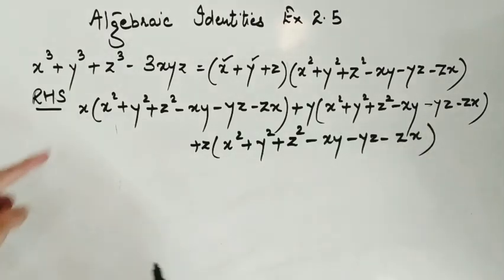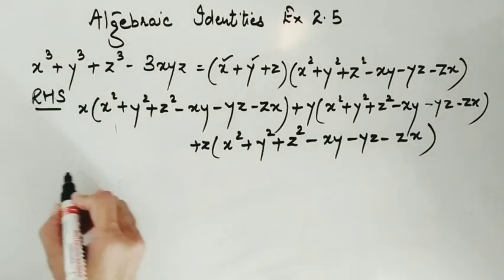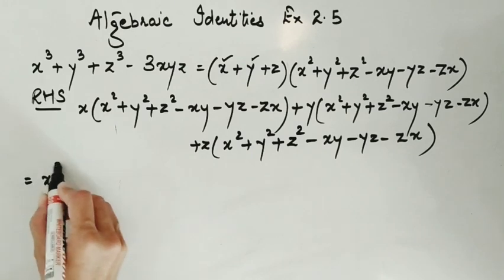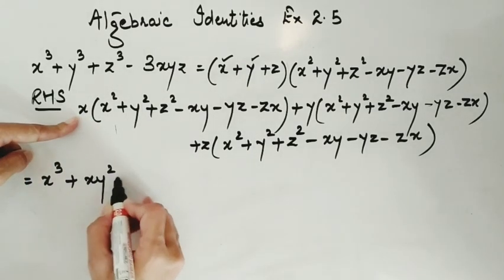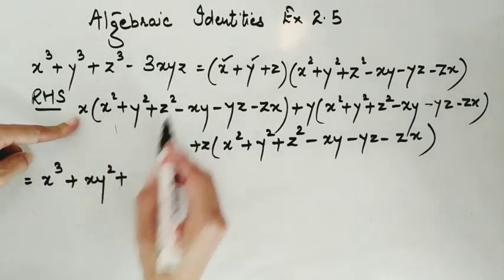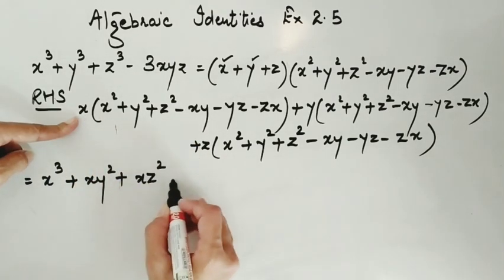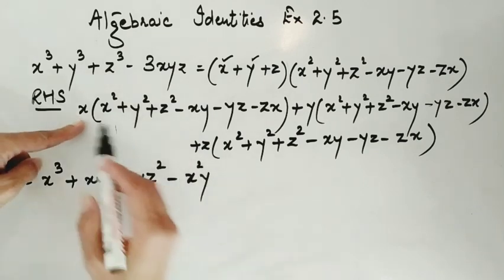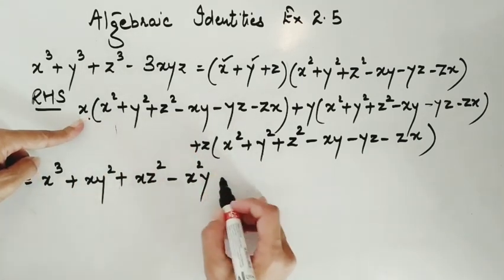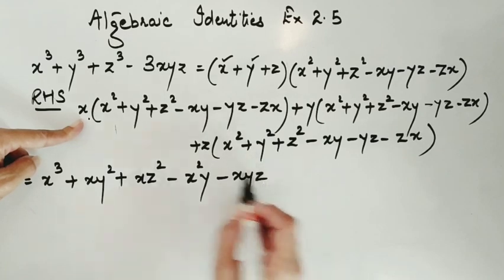Now next step is, let's do the multiplication. X into x square would be x cube, xy square. This is simple multiplication. Xz square. X into xy, x square y. X into minus yz, minus xyz.